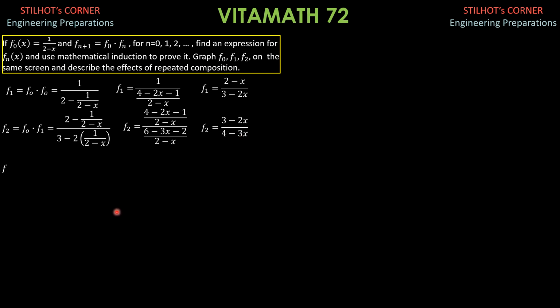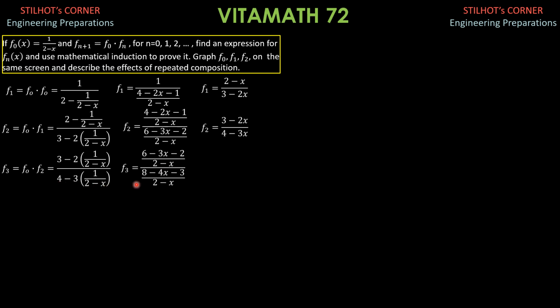So let's find out. F3 is F0 times F2. So 3 minus 2 quantity 1 over 2 minus x over 4 minus 3 quantity 1 over 2 minus x. Simplifying, this is 6 minus 3x minus 2 all over 2 minus x all over 8 minus 4x minus 3 all over 2 minus x.